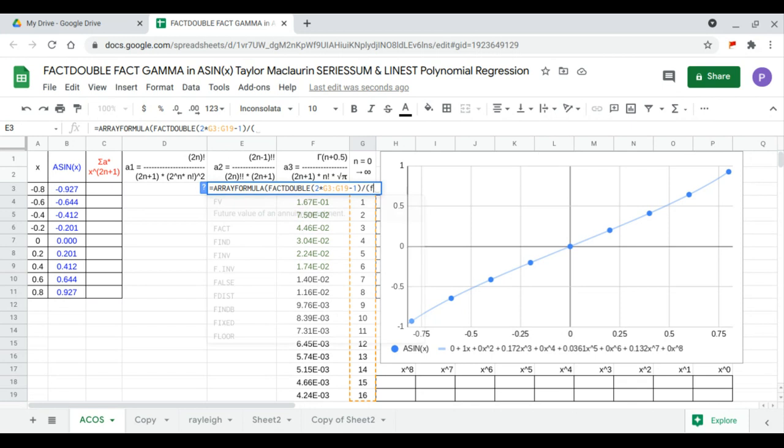The first part, double factorial 2n, 2 times n. And the second part of the denominator times the quantity 2n plus 1, so 2 times n plus 1. And enter.